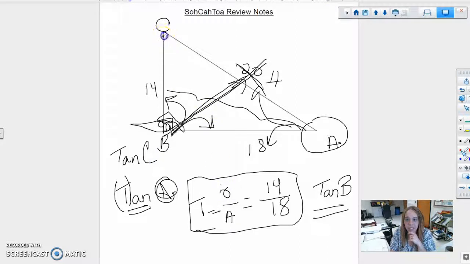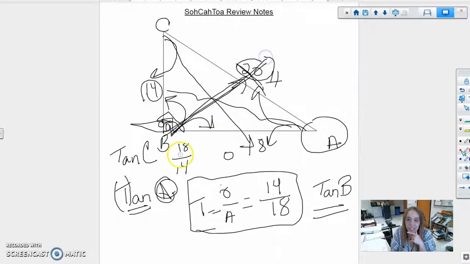We would say opposite, 18, over adjacent, 14. Anybody know why I picked this 14 instead of this 20? Because this 20 is still the hypotenuse, no matter what. If that's the hypotenuse and this is the opposite, the remaining one over here is the adjacent, right next door.